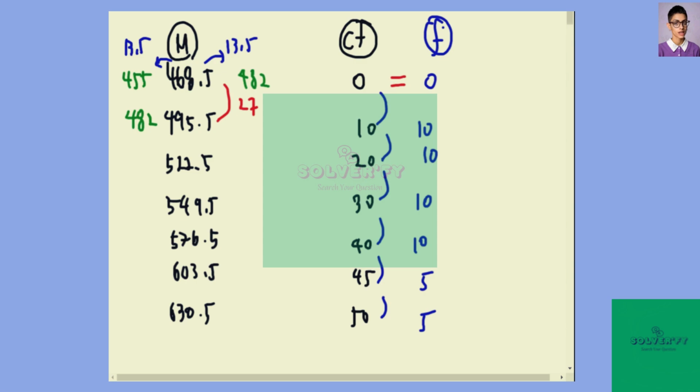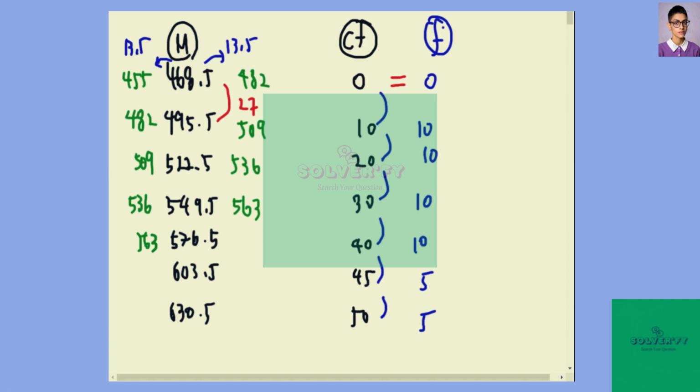And 495.5 plus 13.5 will be 509. It looks like this is a 509, right? And 522.5 plus 13.5 will be equal to 536. Then this must be 536, right? And then 549.5 plus 13.5 will be 563. And this should be 563.